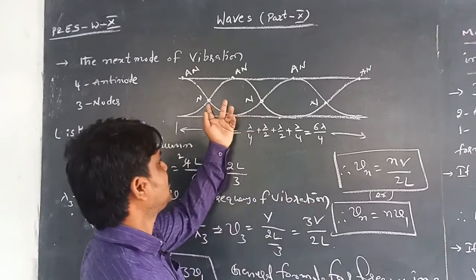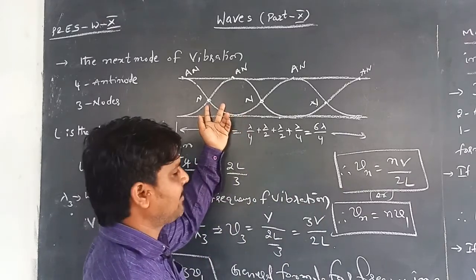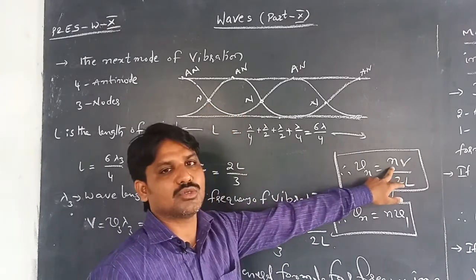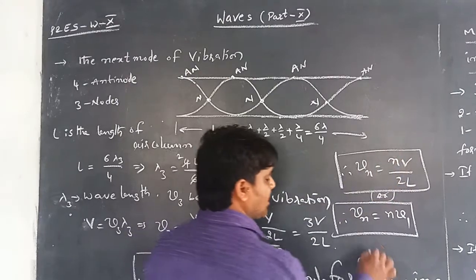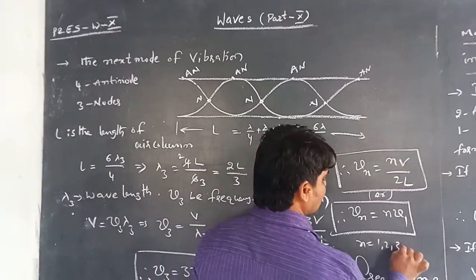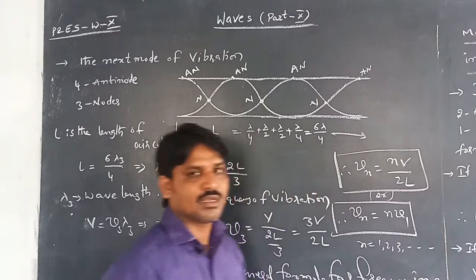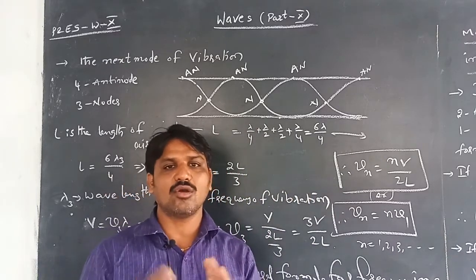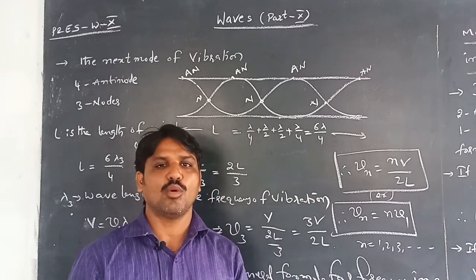The fundamental mode happens when n is equal to 1, then 2, 3, and so on. This is about when air columns are formed in an open pipe.